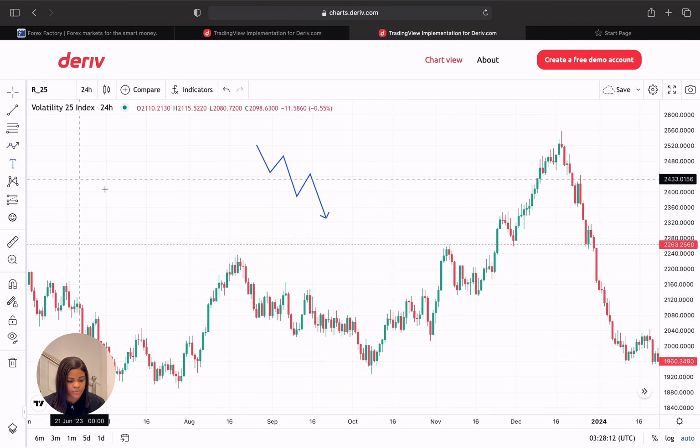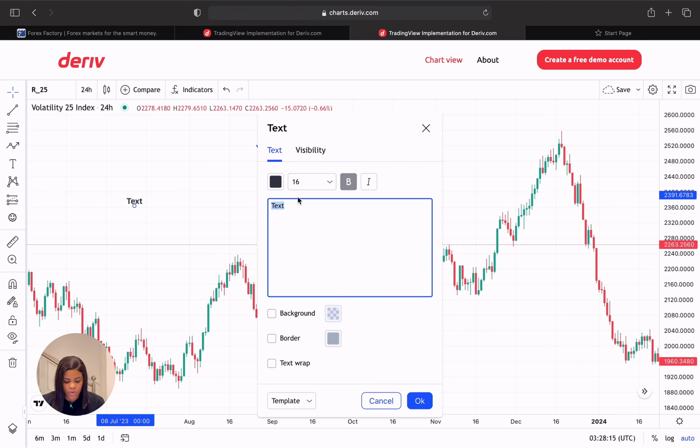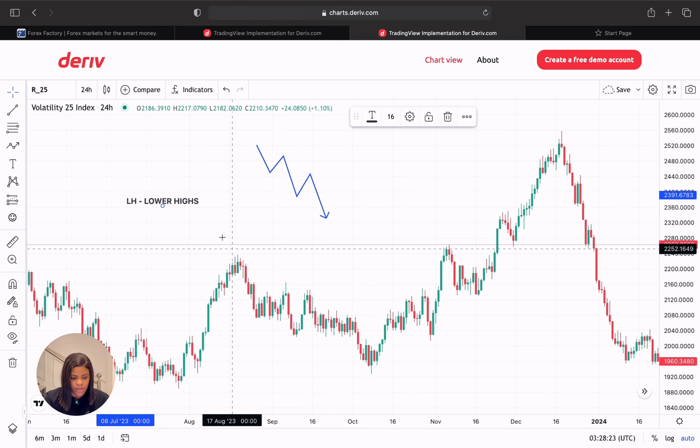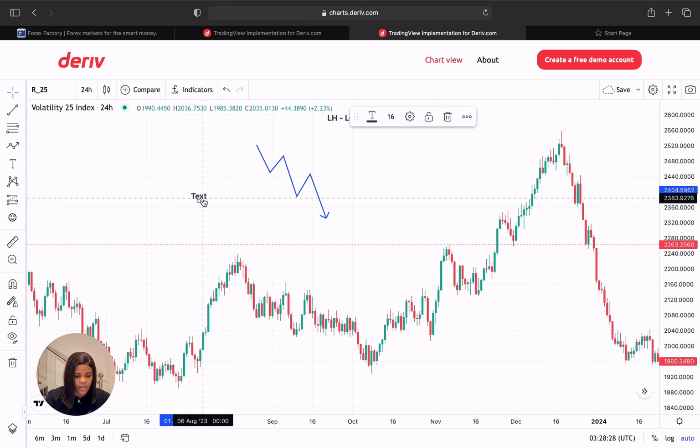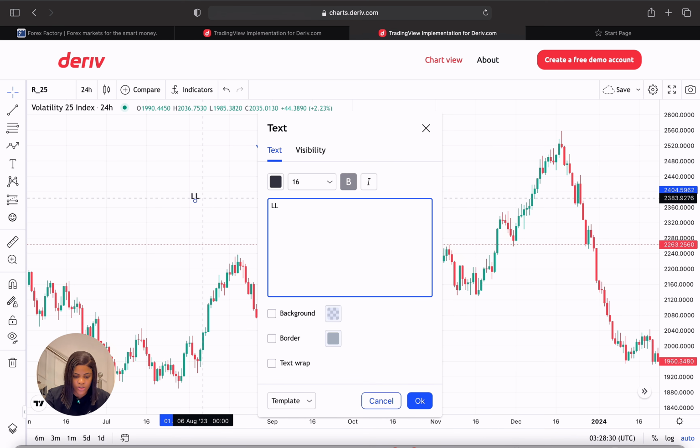Now let's tag them. Lower high means what? LH means what? Lower highs. Then LL means what?